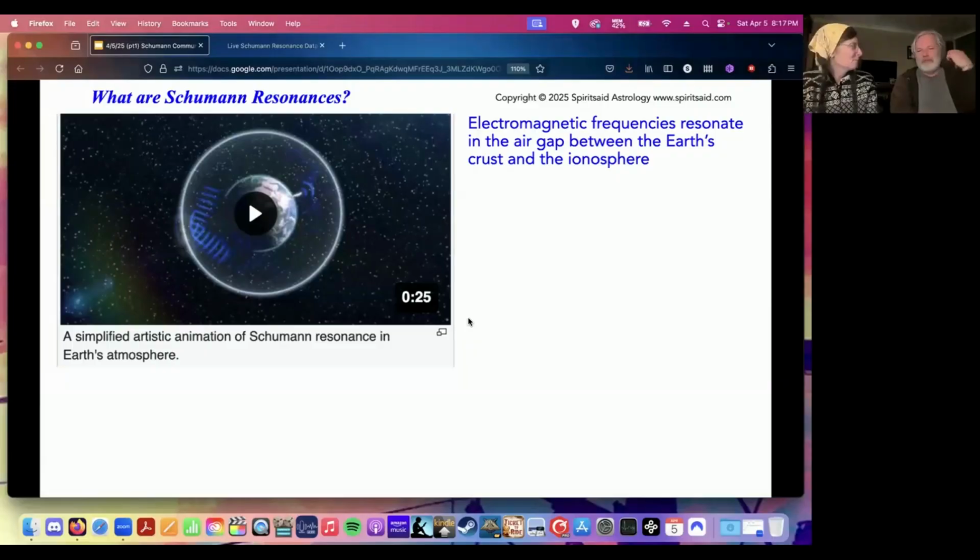Other than what our ears perceive, a computer would look at the signal of one and the signal of the other and say they look the same. Sound, radio, all of it. Yeah. Okay. So what are Schumann resonances? They are electromagnetic frequencies that resonate in the air gap between the Earth's crust and the ionosphere.